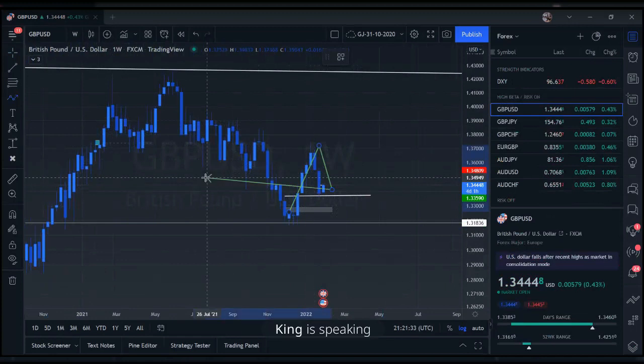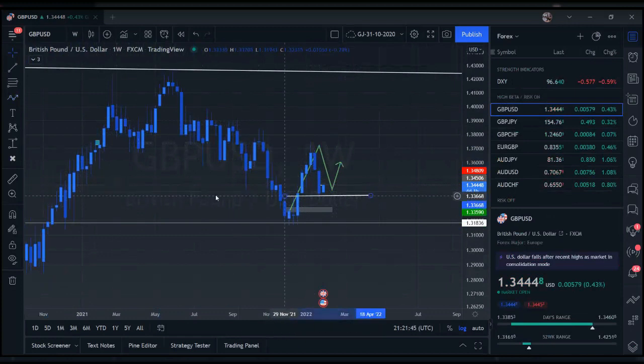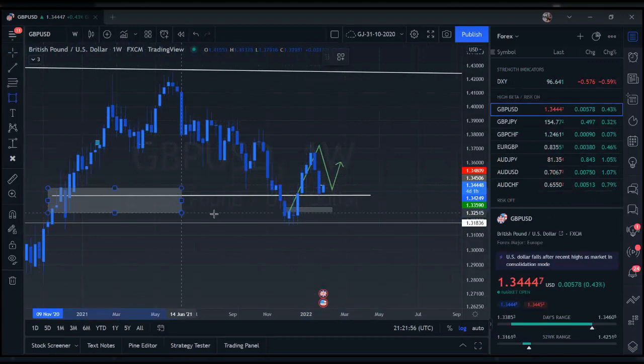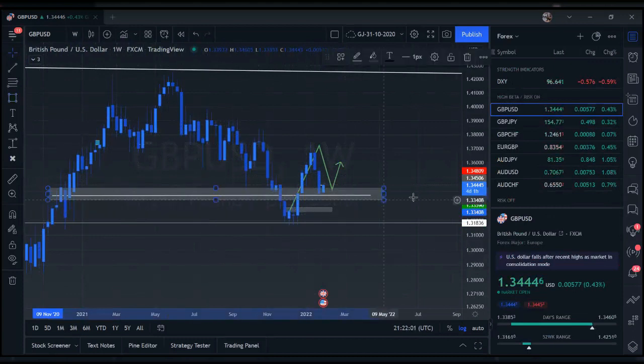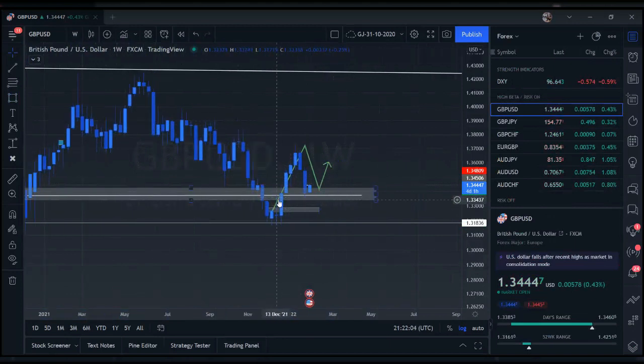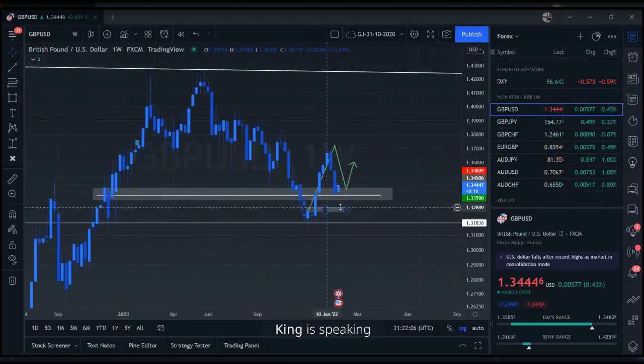or sort of this level here, which has just recently been, well, it's really the same level as this. It's really this level just extended out, if we think of it as a zone. So yeah, possible support here.